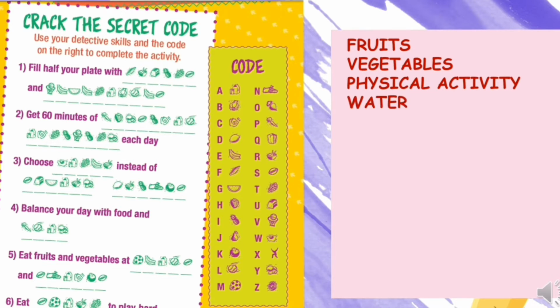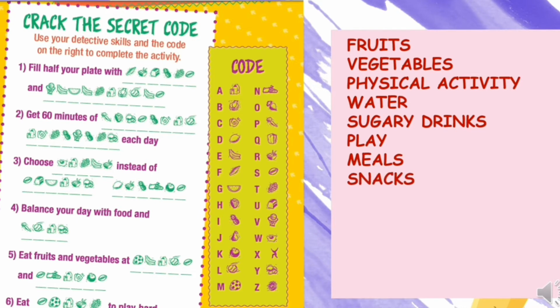Choose water instead of sugary drinks. Balance your day with food and play. Eat fruits and vegetables at meals and snacks. And eat smart to play hard. So this was the code.